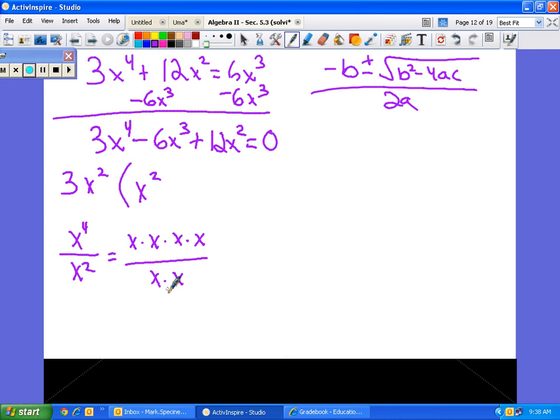Look what we can do when you are dividing. Anytime I have x divided by x, what's anything divided by itself? 1. So anytime I have x divided by itself, I can cancel it out. So I have two such instances. So what am I left with? I'm left with x times x, which is x squared.